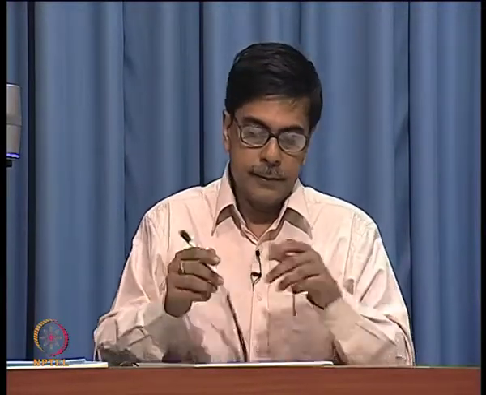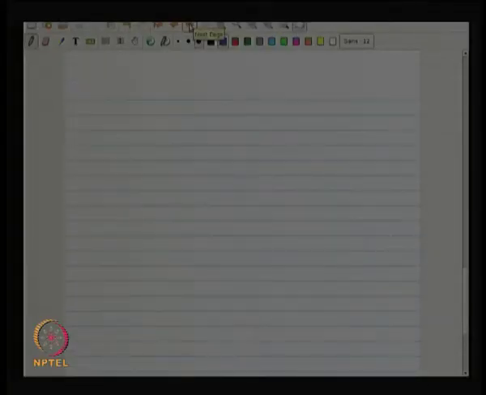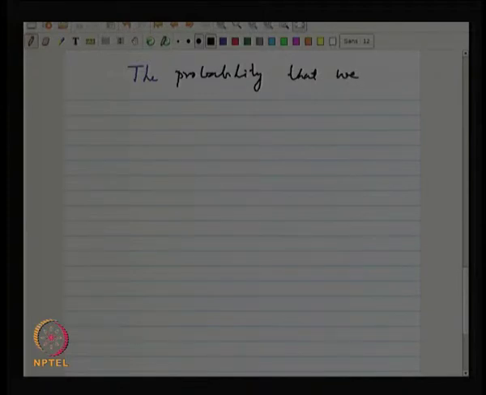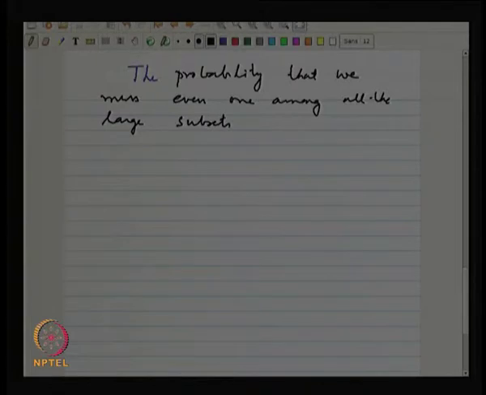So, all I am saying is that the probability that we miss even one among all the large subsets is less than or equal to 1 over n to the power.